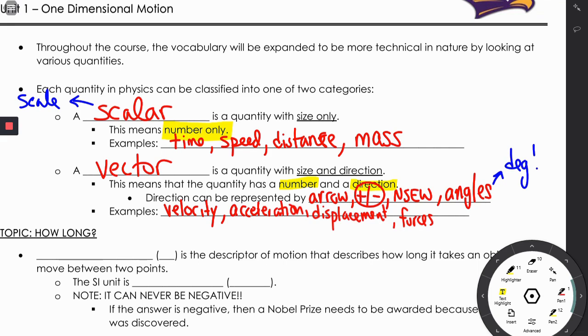You just have to pay attention to what the question is asking and what word they use. For example, if your answer wants a distance but they give you values that would have you calculate displacement, remember: if it says distance, you only have to report the number. But if it says displacement, you have to report the positive or negative sign, or north, south, east, west. Again, the easy way is positive or negative. And when we do two-dimensional motion and focus on forces, we're going to look at a lot of angles.